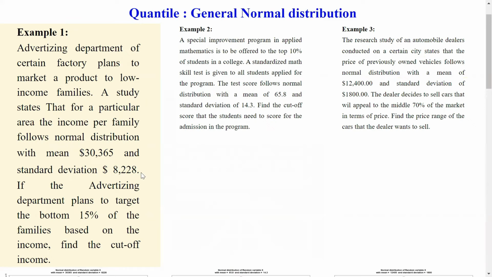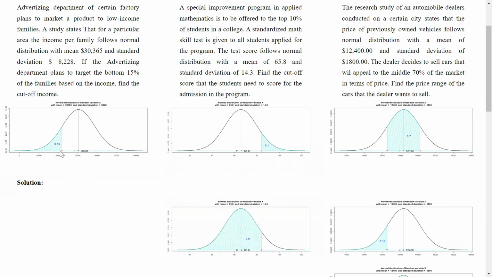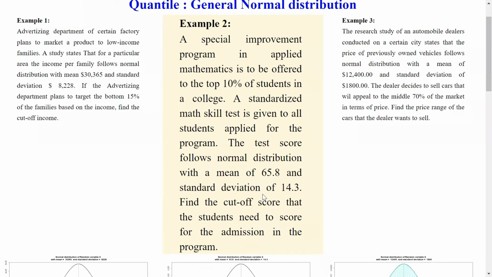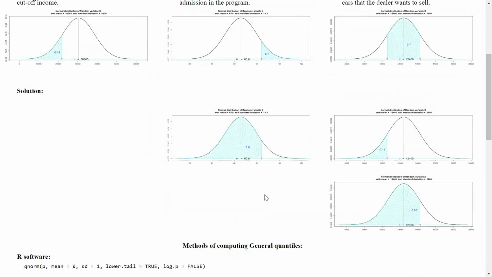In this problem, our interest is to find the cutoff income for the bottom 15% of the families, a quantile for left probability. Next problem, a test score follows a normal distribution with a mean of 65.8 and a standard deviation of 14.3. Here, we are interested in finding the cutoff score of the top 10% of students in a college.